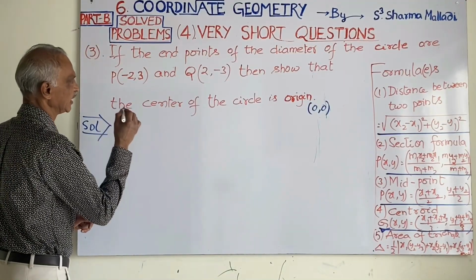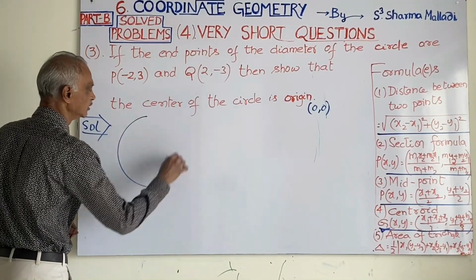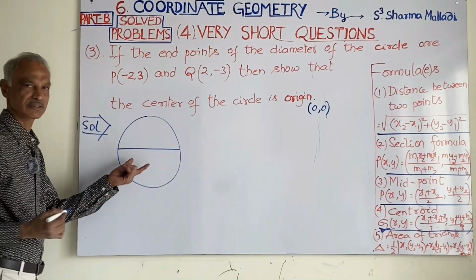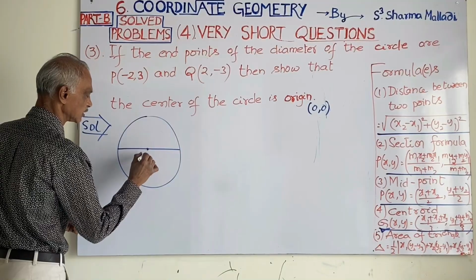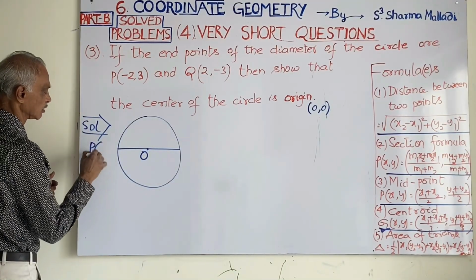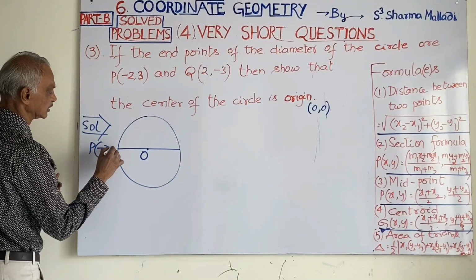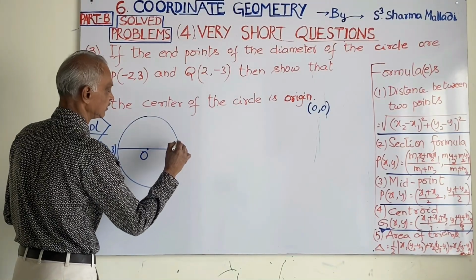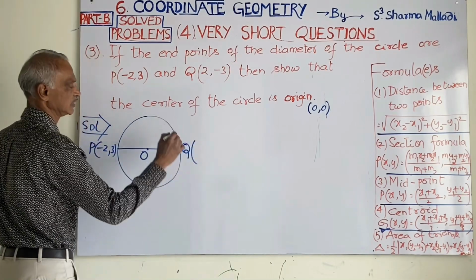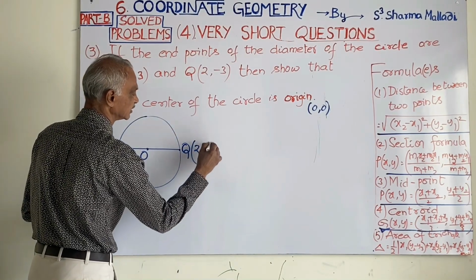You draw a circle and the endpoints of the diameter. This is the diameter. The center of the circle is O. The endpoints are P(-2, 3) and Q(2, -3).